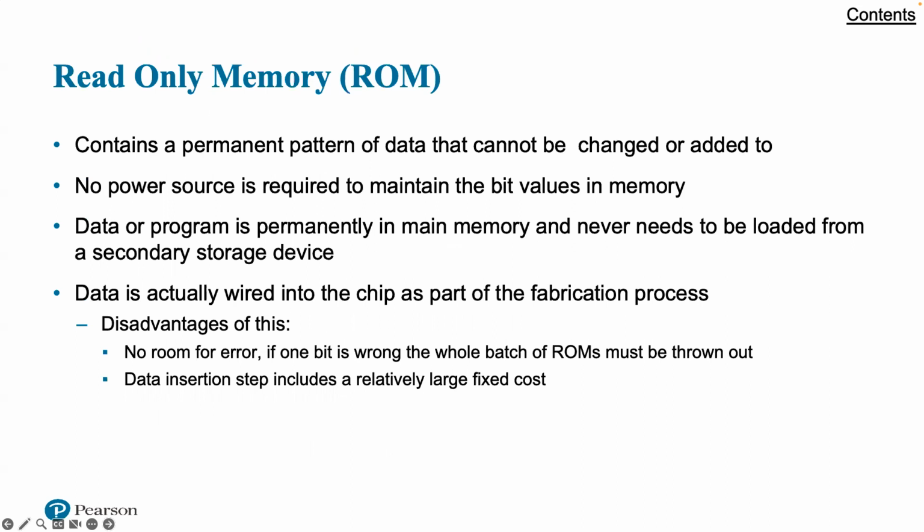Well, let's talk about read-only memory, or ROM. As the name should suggest, a read-only memory contains a permanent pattern of data that cannot be changed. A ROM is non-volatile, that is, no power source is required to maintain the bit values in memory. While it is possible to read a ROM, it is not possible to write new data into it.